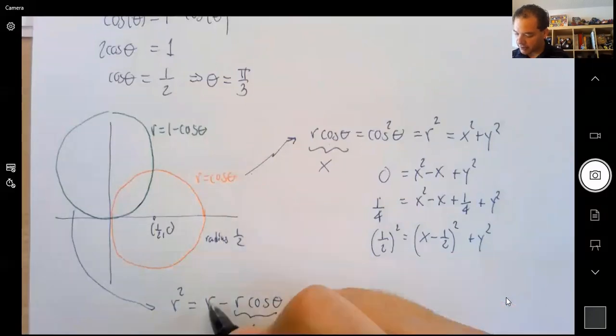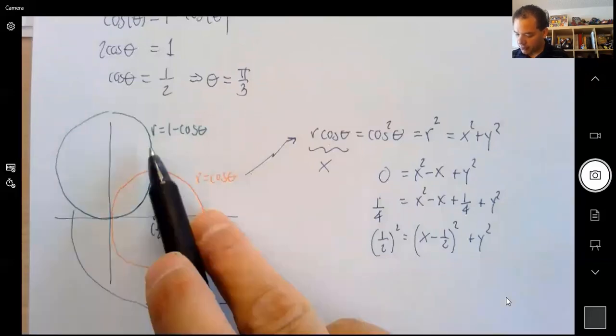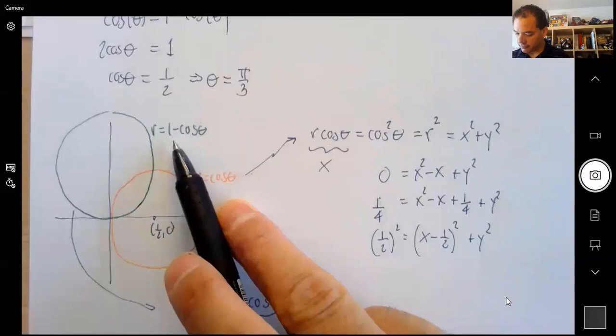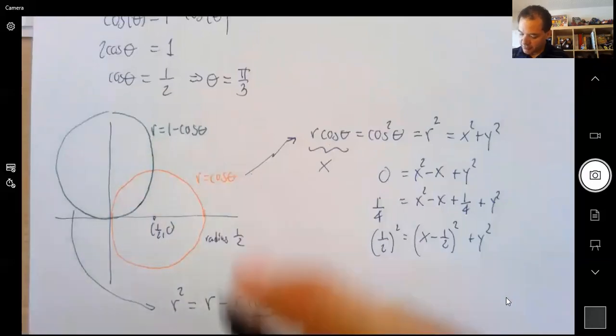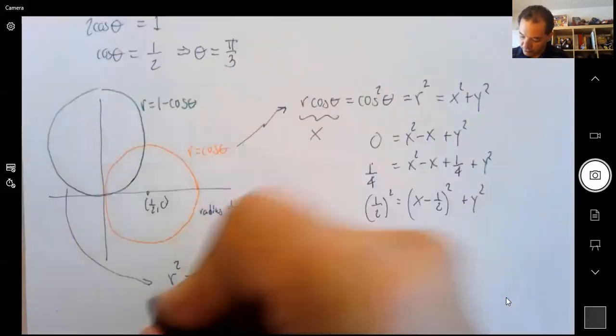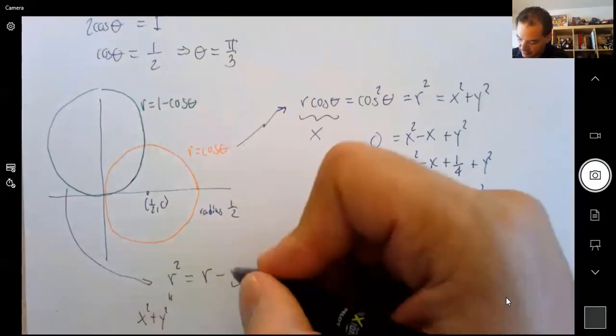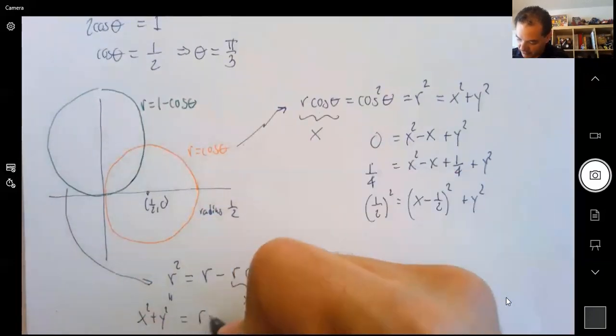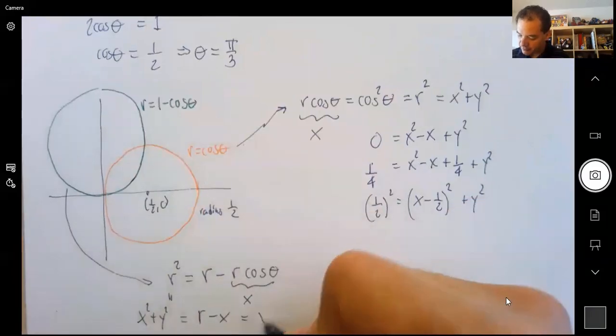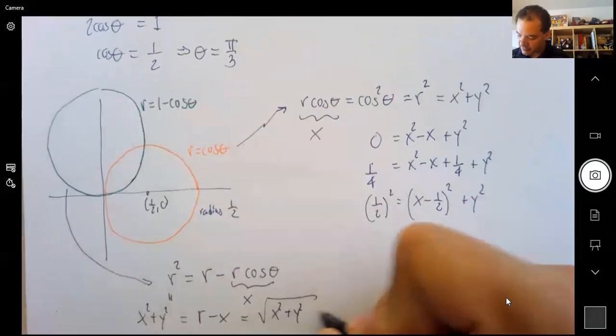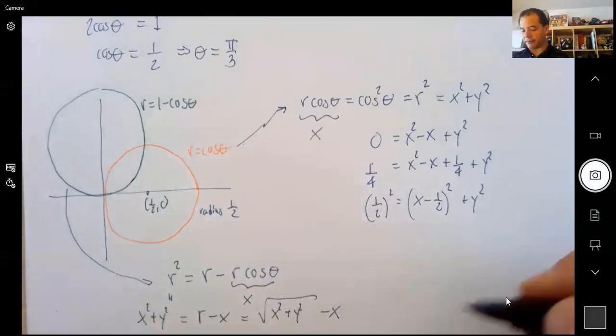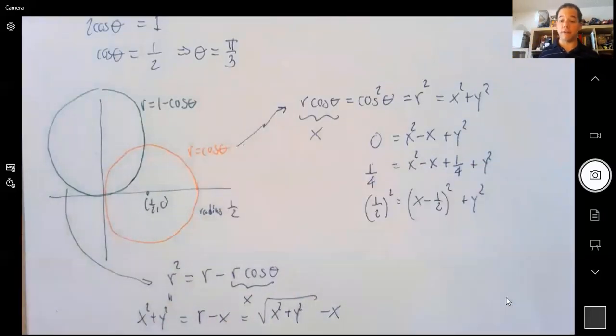But this one, I don't like it. That is just R. Let me see if I can do something different. Okay, so this is x. R squared is x squared plus y squared, and R minus x. Now to get rid of R, that would be the square root of x squared plus y squared. And I don't like this because that's not the equation of a circle. So maybe the green one is not a circle. That's the thing. All right.